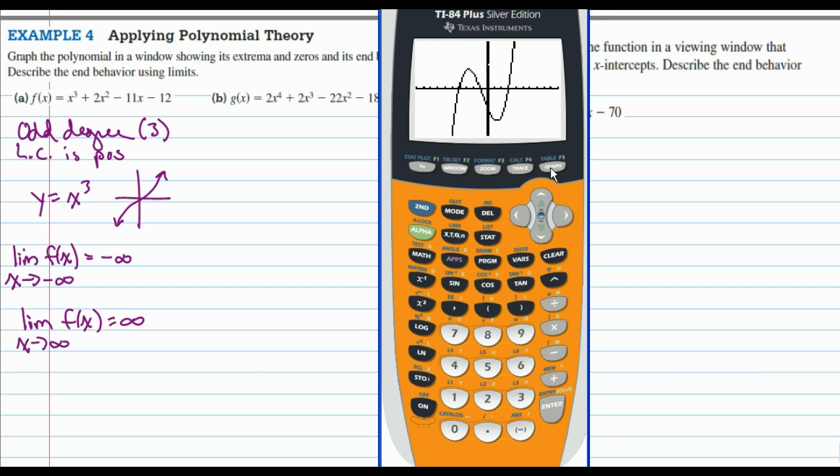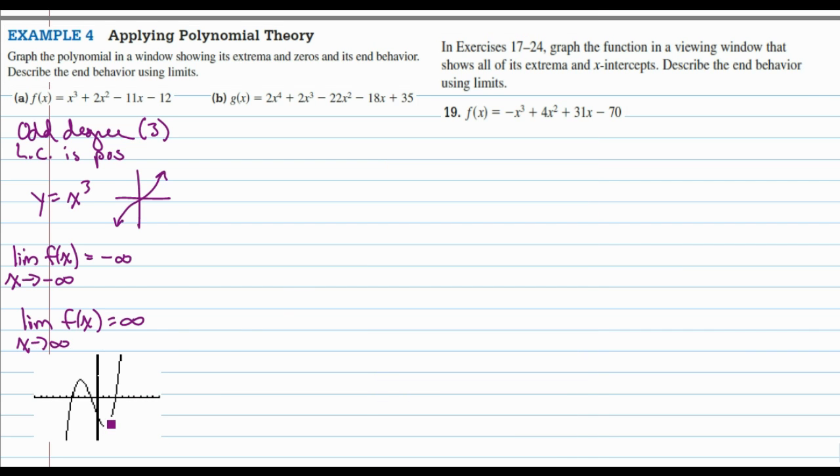So now I've graphed this ahead of time and I found my window. I changed my y min and y max to negative 30 and 30 respectively. But I can see that the middle acts differently than the basic y equals x cubed graph that I used for a frame of reference, but the ends act the same.